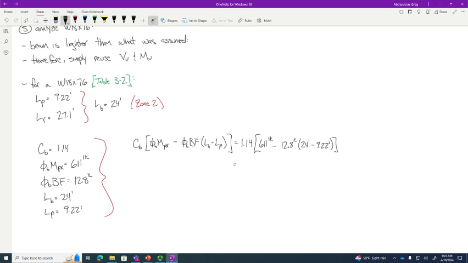All right, so what do we get for this? This is just linear interpolation. 480.87.